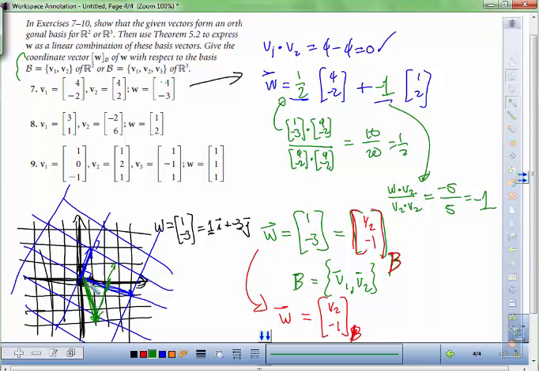I would move, in the blue, 1/2 and -1. So 4 and -2 would become your new 1, 0, 0, 1.